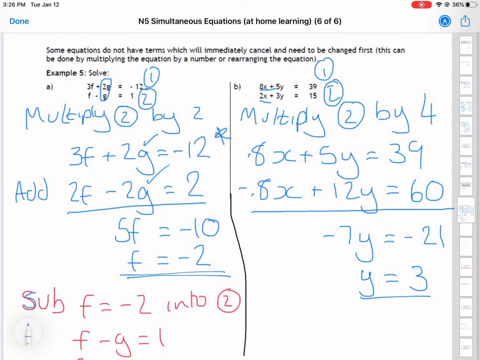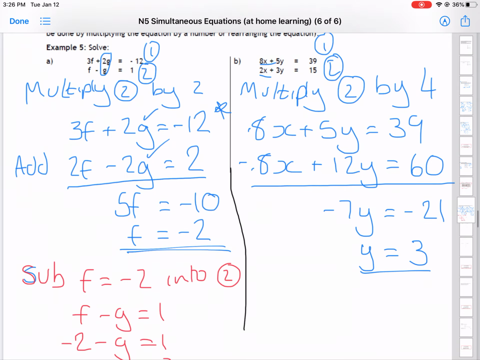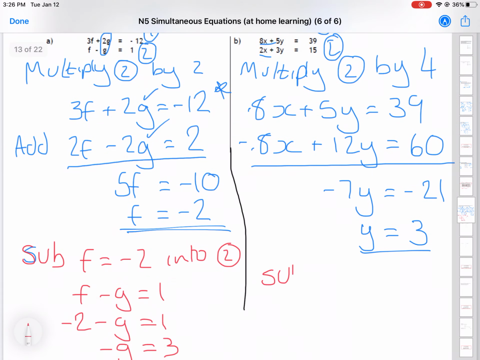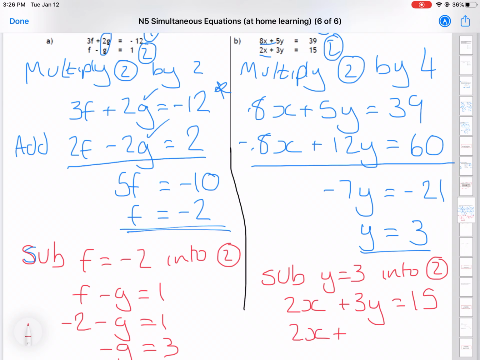When we come to do the second part, we now have to find x, so we substitute y equal to 3 into one of our other equations. So sub y equals 3 into one of the top equations. Let's see, I'll choose equation 2 because that's got smaller numbers. So the equation is 2x plus 3y equals 15. 2x plus 3 times 3 equals 15.